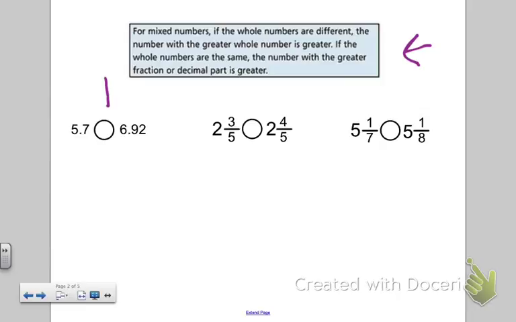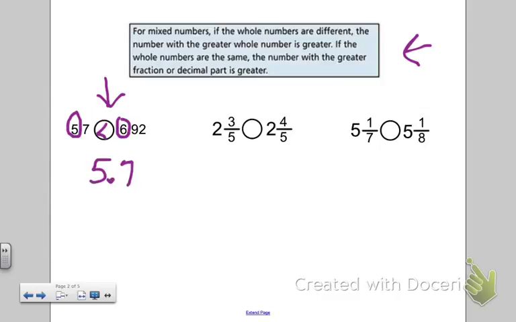So if you look at this first example that I have for you, we have 5 and 7/10, and we're comparing it to 6 and 92/100. Focus on the whole number first. Here we have a 5, here we have a 6. Right away you should recognize that 6 is greater than 5.